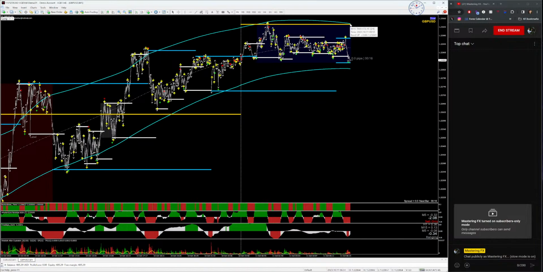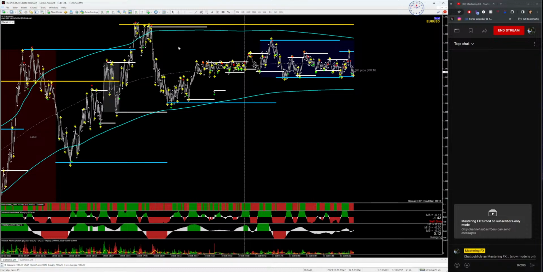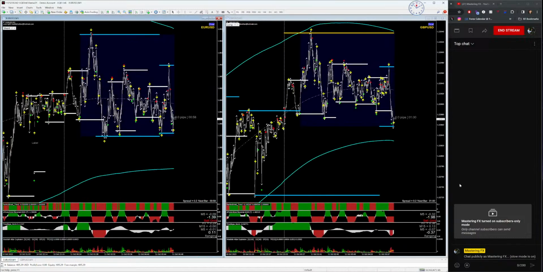So Euro USD, like I said, we were already outside, so I'm not necessarily expecting the high to be taken, but at least the Asian session high. That's what I'm looking for tonight.